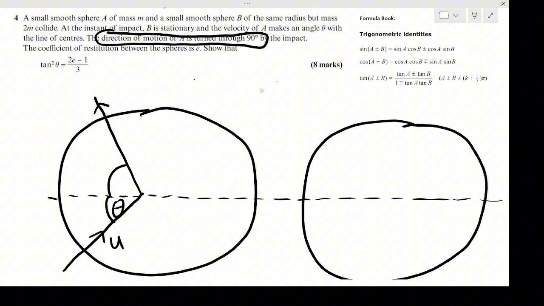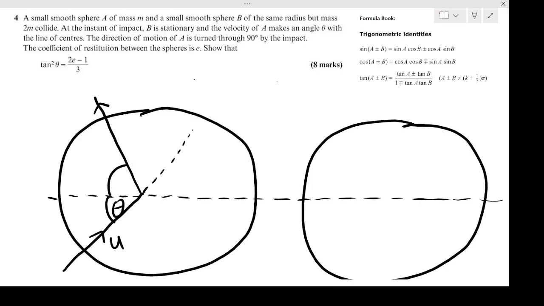That refers to the angle of deflection for A. So if I extend my initial vector U, the angle of deflection here is indeed 90 degrees, like that. So it's exactly 90 degrees.